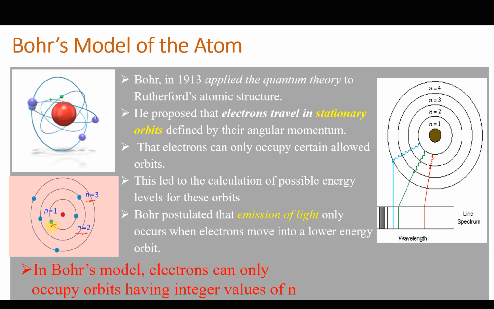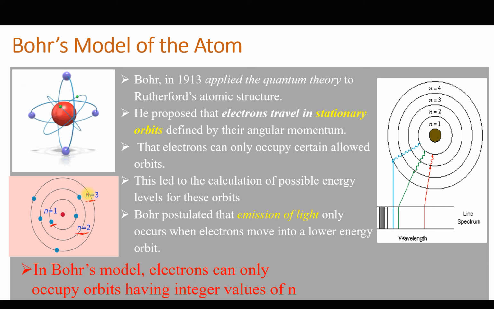It is either on n equals 1 or on n equals 2, not anywhere in between. So n equals 1, n equals 2, n equals 3 are going to be called stationary orbits. And while electrons are in these orbits, according to Niels Bohr, they do not lose energy.